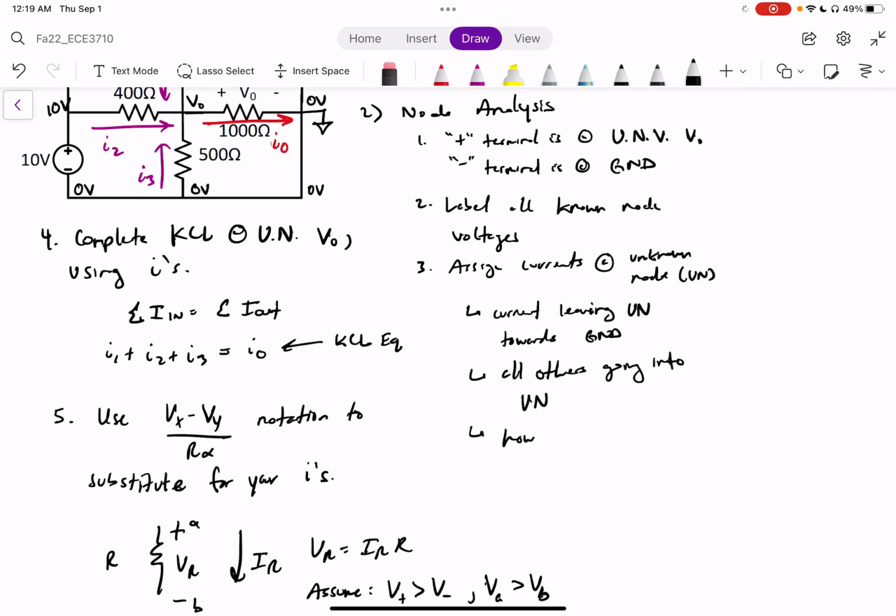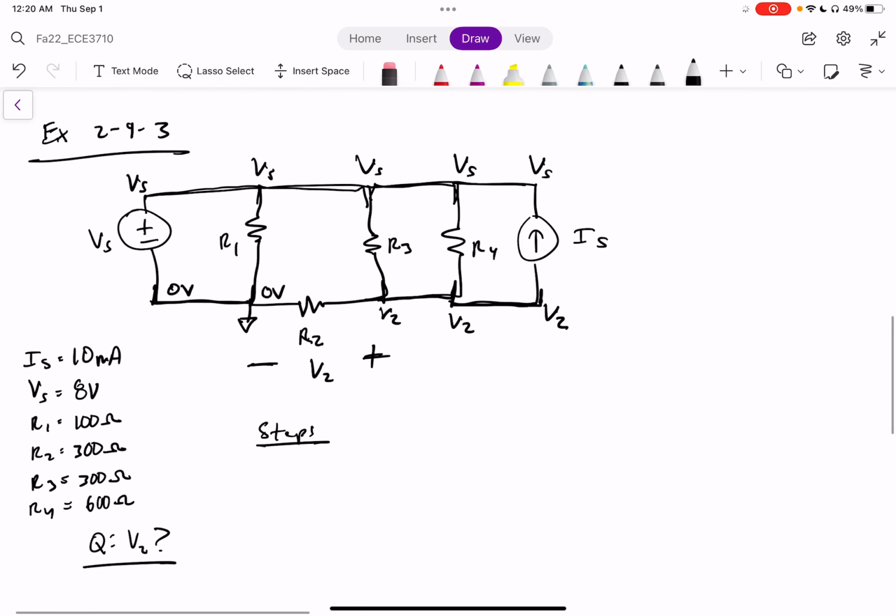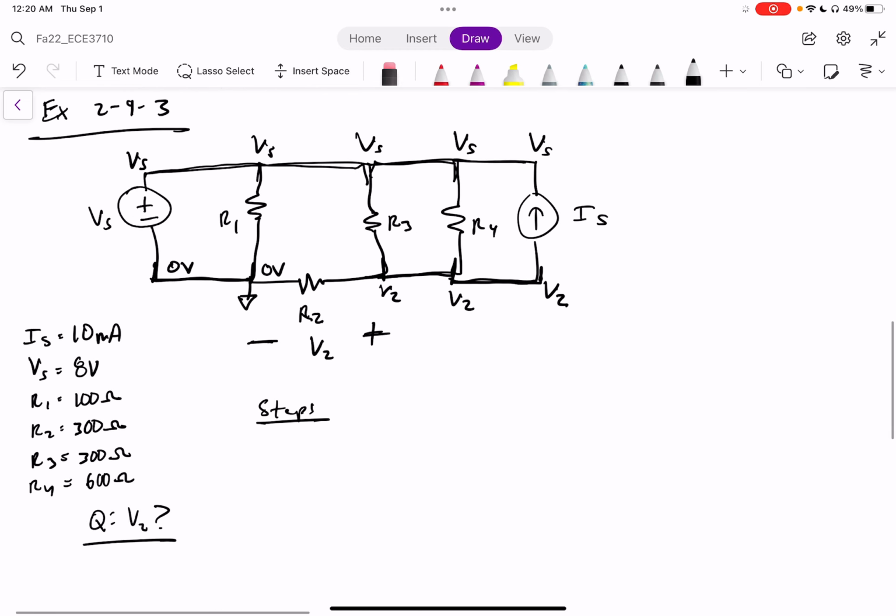However, you keep the current and direction of current source as is. So what do I mean by that? If you come down, you see you have a current source, IS. It's leaving node V2.